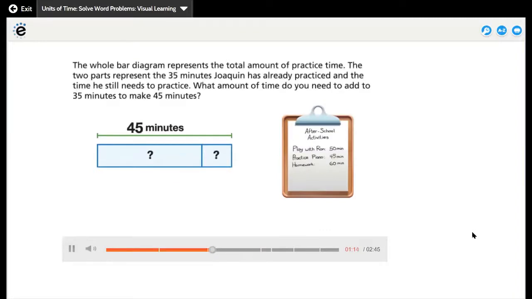The whole bar diagram represents the total amount of practice time. The two parts represent the 35 minutes Joaquin has already practiced and the time he still needs to practice.